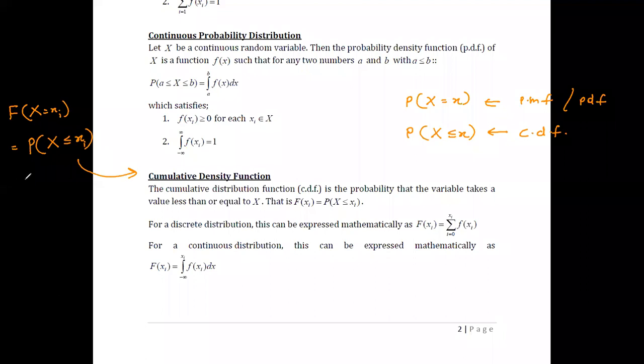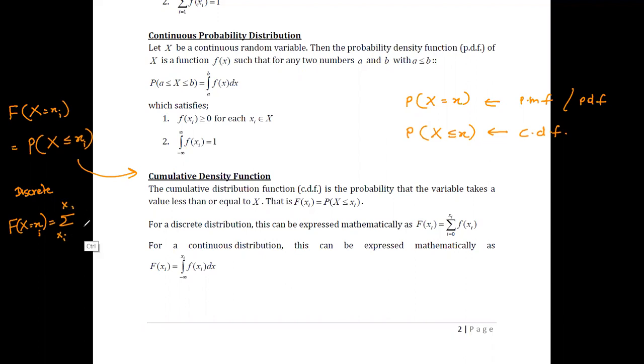For a discrete random variable, or a discrete probability distribution, F(xi) can be obtained as the summation, with i going from 0 to xi, of the probability that X equals xi.